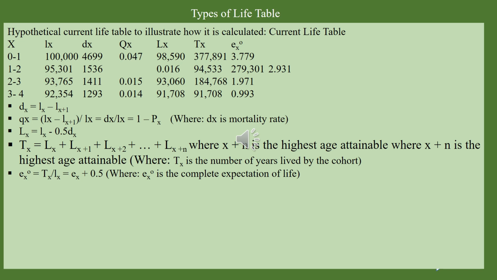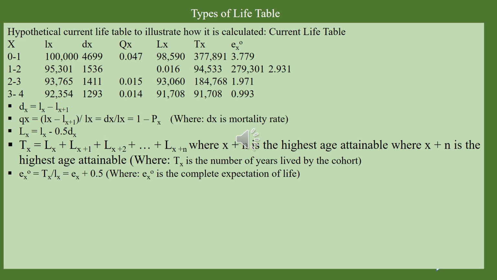In the second year, the age range is between 1 to 2 years. You have 95,301. To get dx, which is the mortality, you subtract 95,301 from 100,000. It will give you 4,699. To get the mortality rate, which is qx, you divide dx by lx.